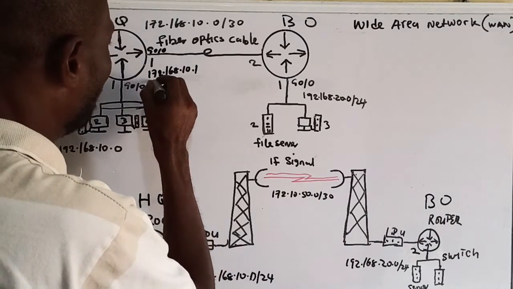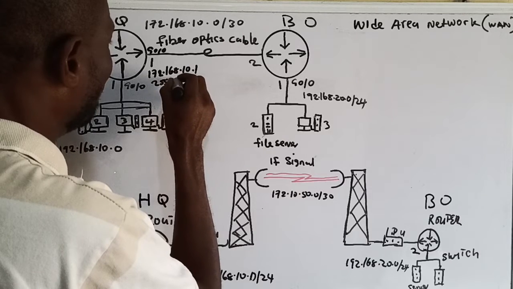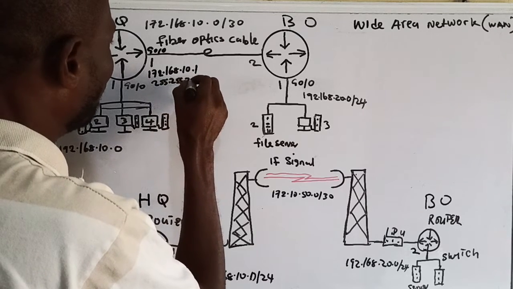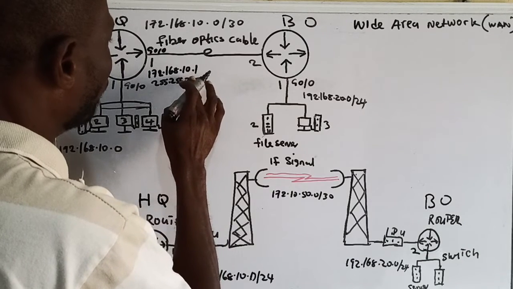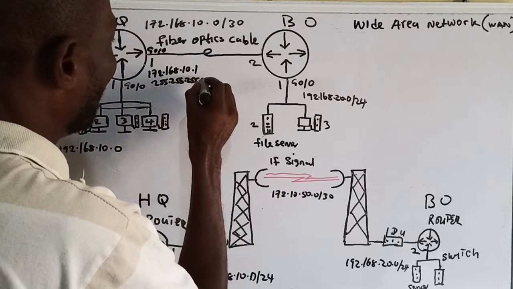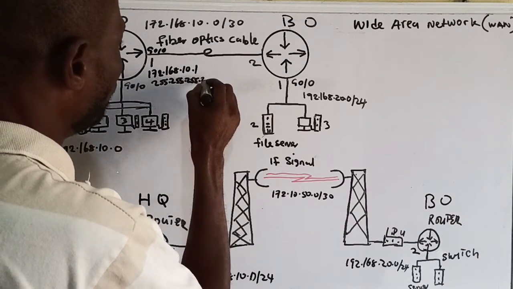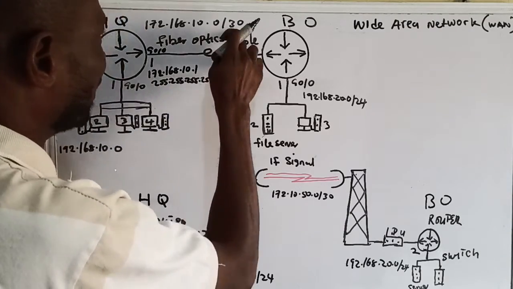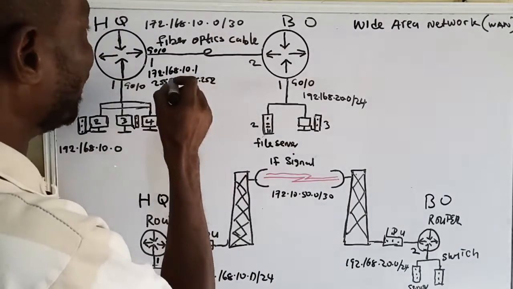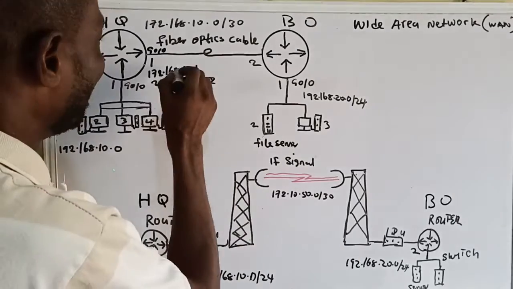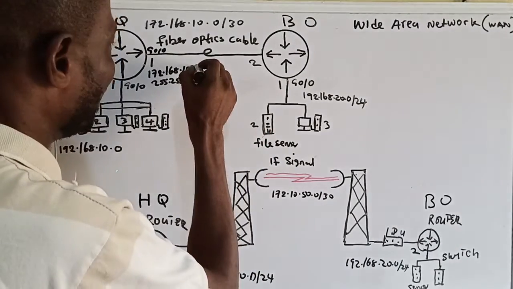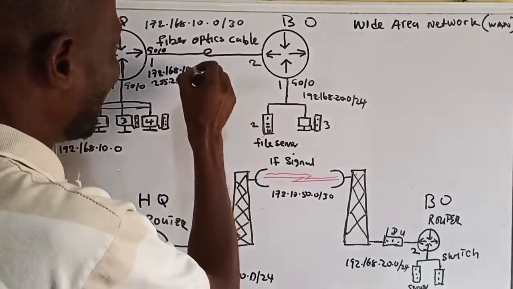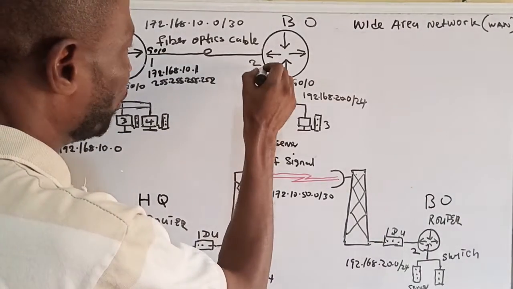Now I can go to the interface and assign 172.168.10.1, with the subnet mask 255.255.255.252, which is 30 bit. The same thing, I will assign to this router, but the difference is the last number here will be 2.